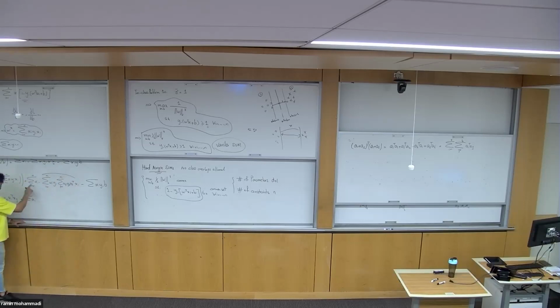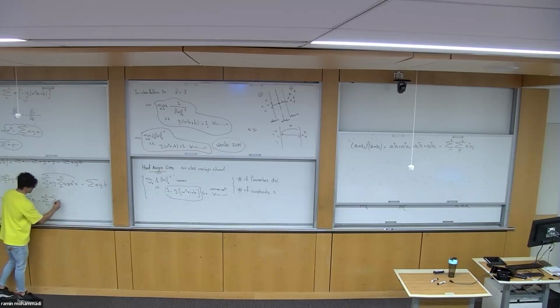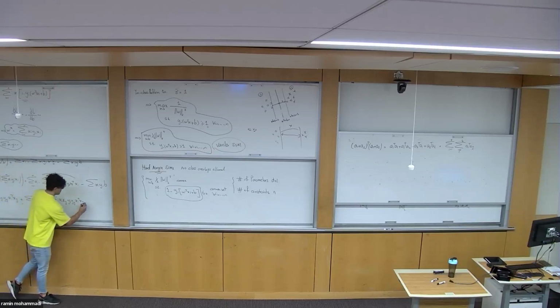So this gives you, it has a negative, minus alpha I, alpha j, yi, yj, xi transpose xj. Doesn't matter, xi, xj, xj, xi, they're the same data. Minus.